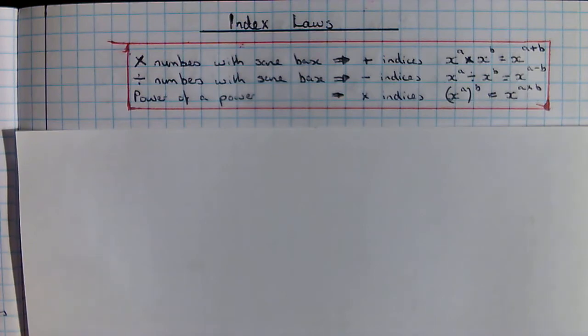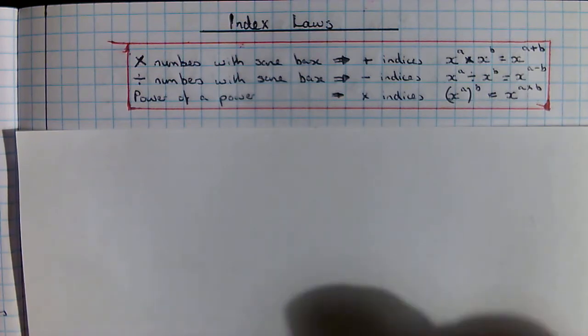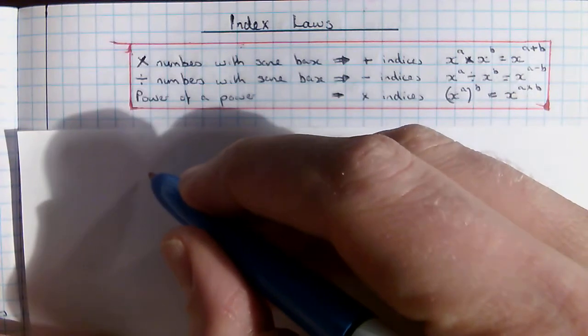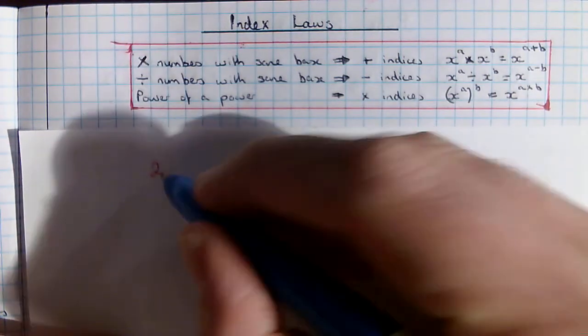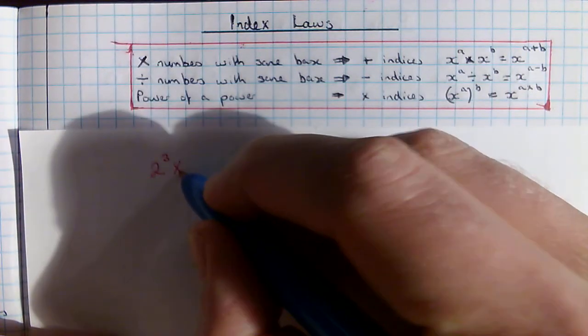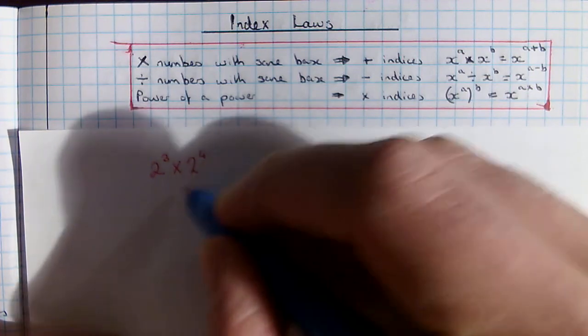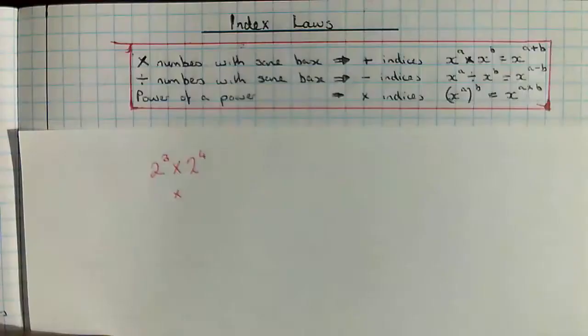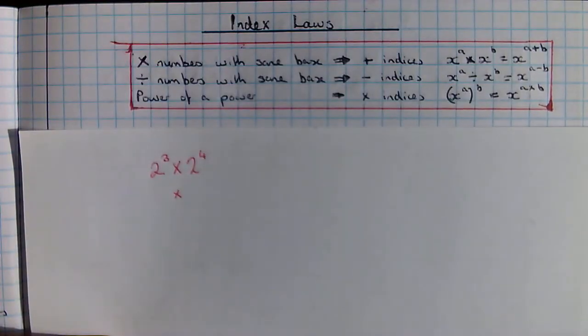It's worth just taking a second to remind ourselves of why. So let's say I've got, for example, 2 to the power of 3 times 2 to the power of 4. Now, if I wrote that out in full, let's just remember what 2 to the power of 3 means.